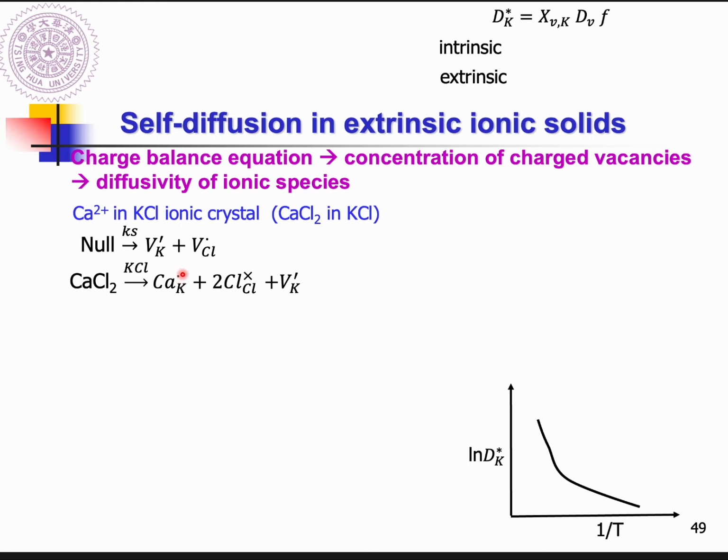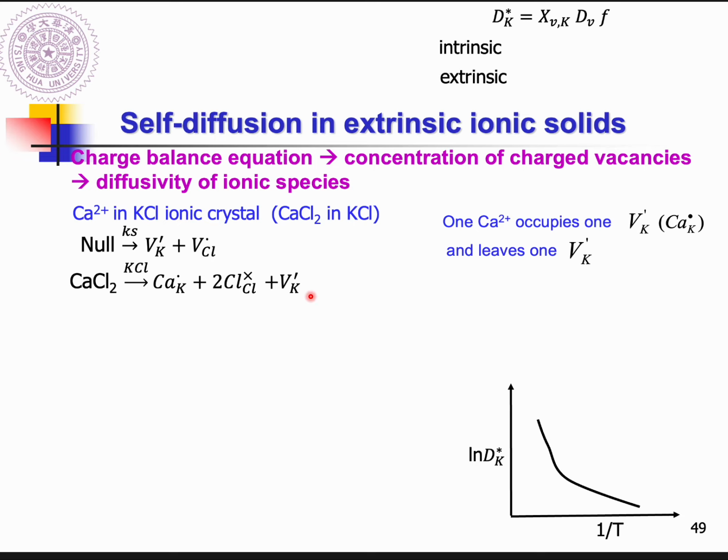So I get a dot here. It means the dopant calcium ion sits at the potassium side with 1 positive charge. And the chloride will always locate at the vacancy at the chloride side, so it remains neutral. And we have 2 chloride, right? And they will sit at chloride sites. And don't forget, as long as I have 2 chloride, that will generate the same numbers of V_K and V_Cl, so you will have 1 extra V_K prime.